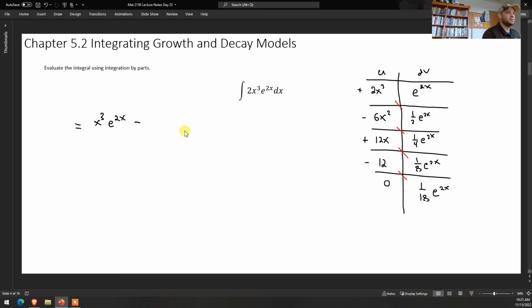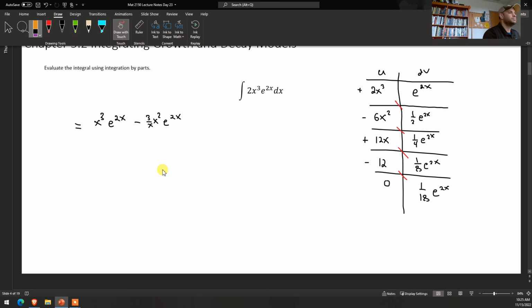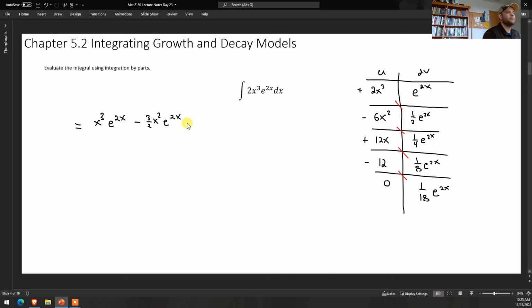Now we have minus 6/4, which is 3/2, x squared times e to the 2x. Now we have plus 12/8.